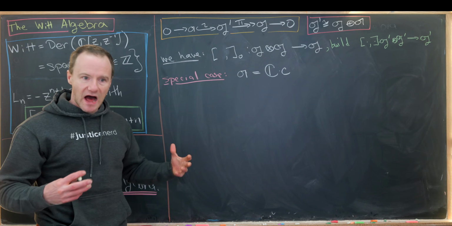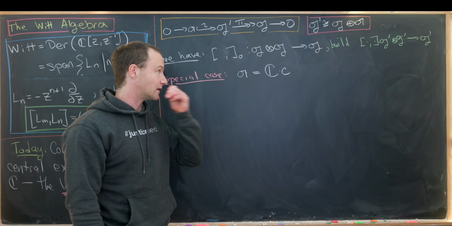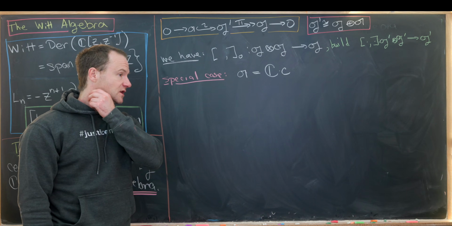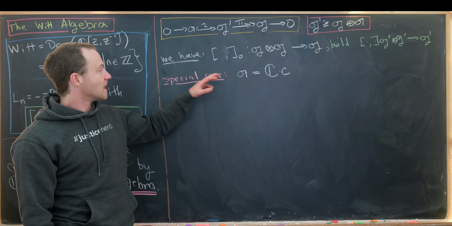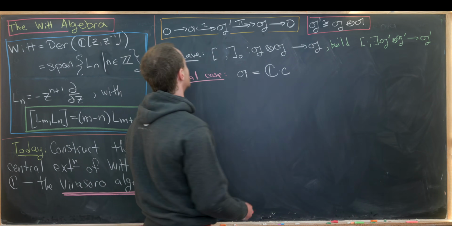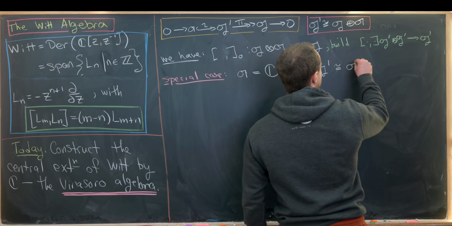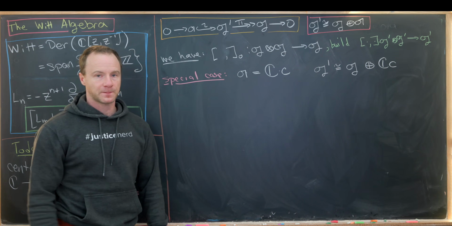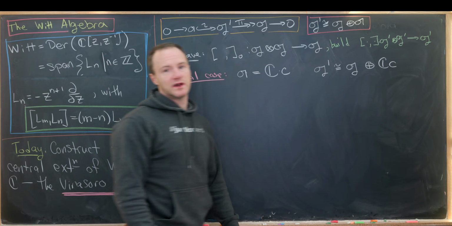And a lot of central extensions of Lie algebras that are very important are one-dimensional central extensions, like affine Kac-Moody Lie algebras or other things like that. If you want to see some videos on that stuff, let me know. So we're looking at this special case when A is just one-dimensional. In other words, G prime is isomorphic to G direct sum this one-dimensional thing. So it's mostly G, but you just have this extra one-dimensional piece.